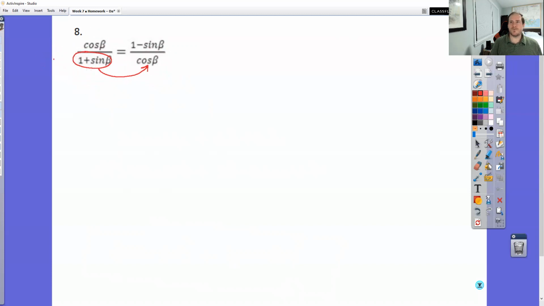I would multiply by 1 minus sine of beta, because we've already seen that when you multiply those conjugates, it's going to become 1 minus sine squared beta, and that's going to become cosine squared beta.